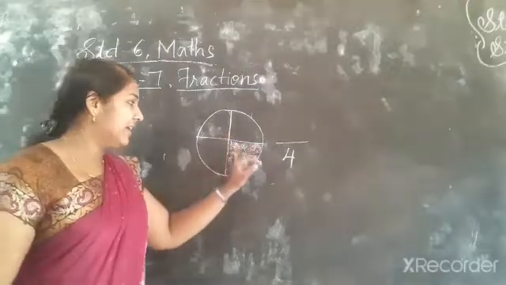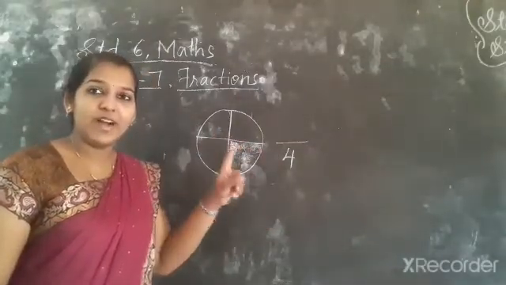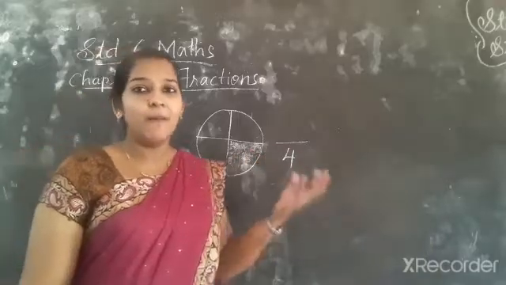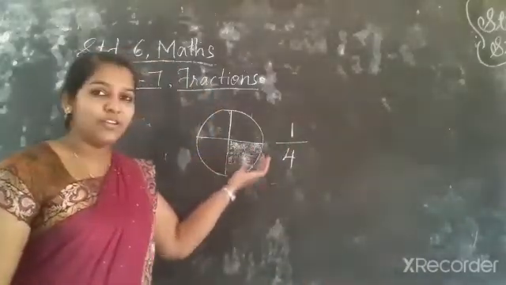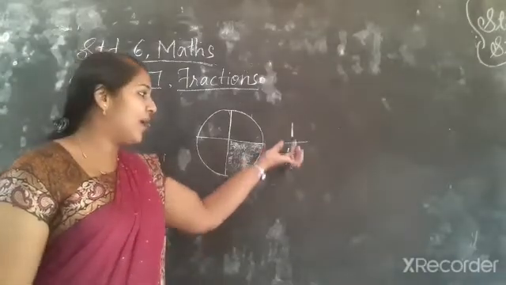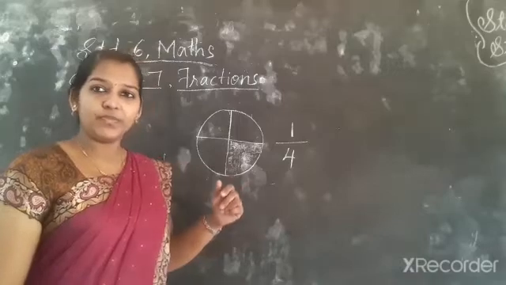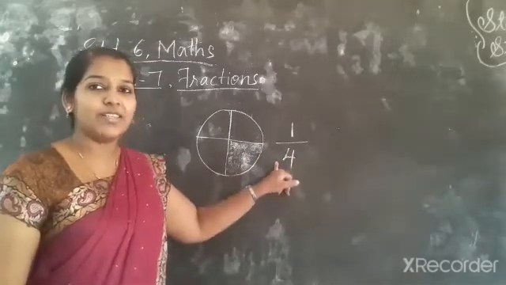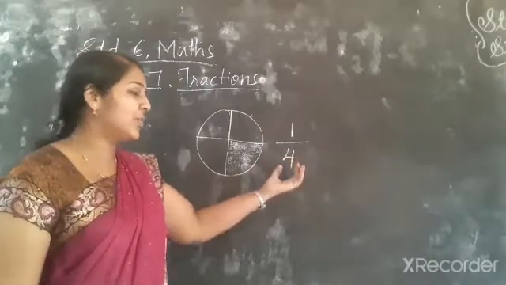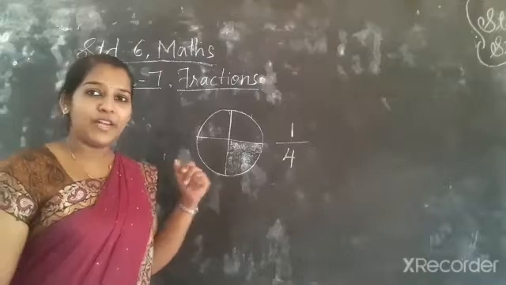Now I am going to take one piece from this pizza. So the fraction representing this part of the pizza is 1 by 4, or 1 upon 4. This is a type of number that shows a part of a whole, and this is a fraction.